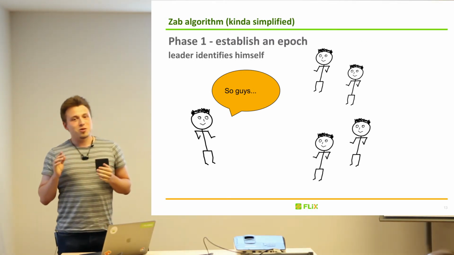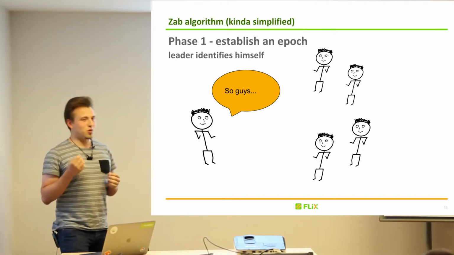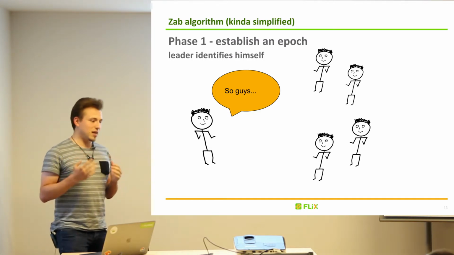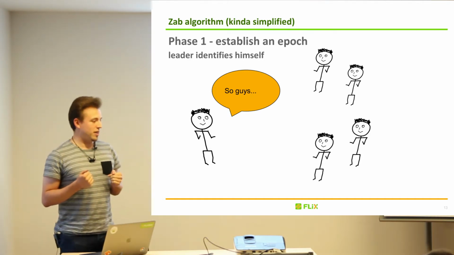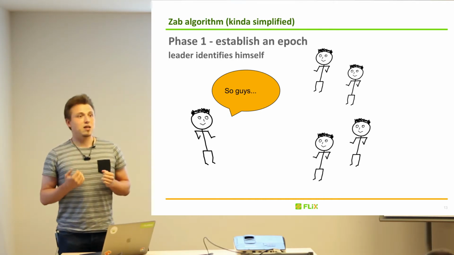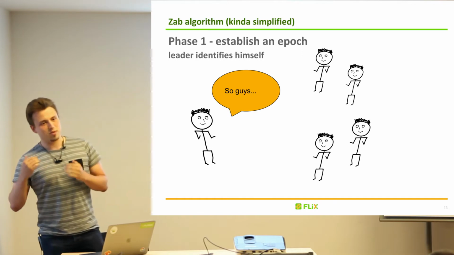Anyway, so every consensus iteration is called an epoch. So every decision we make happens inside one epoch, and some guy has to step up and identify himself as someone who wants to make a decision during some specific epoch.